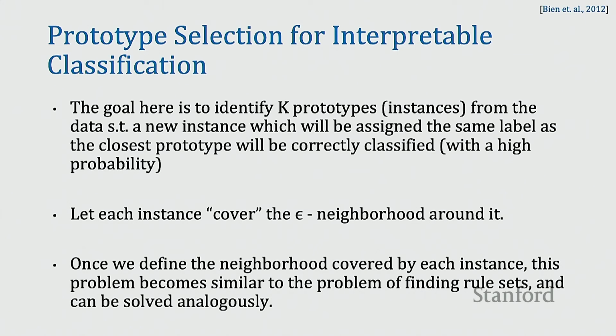So similarly, we are just replacing the construct of the rule now with a prototype or an instance, and an instance is said to cover all the points within the epsilon ball neighborhood around that instance.